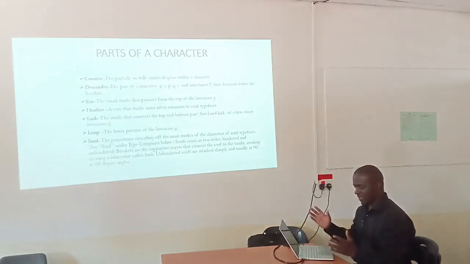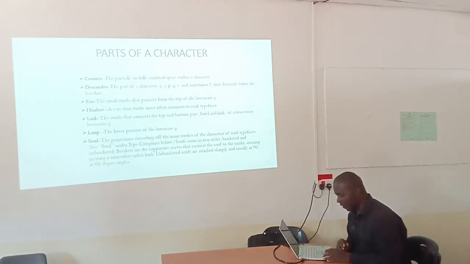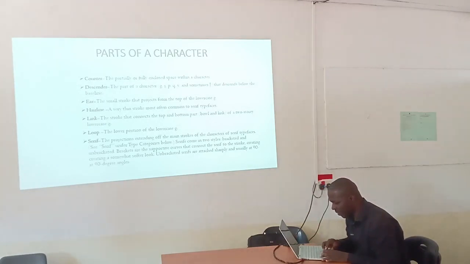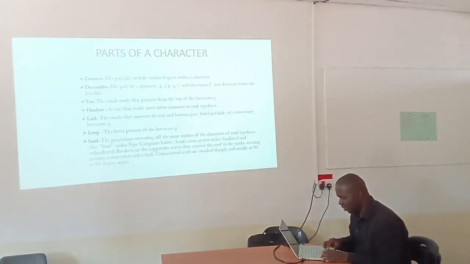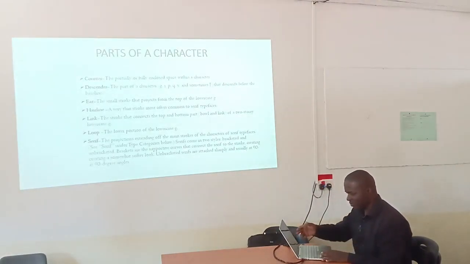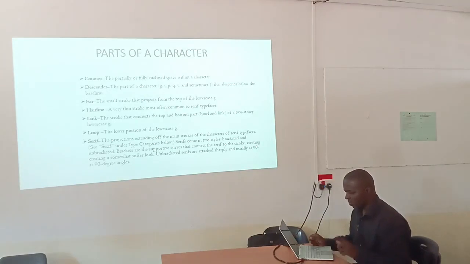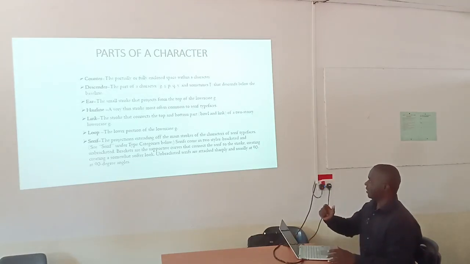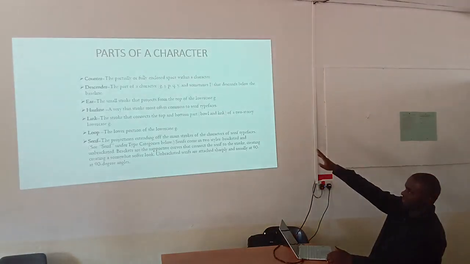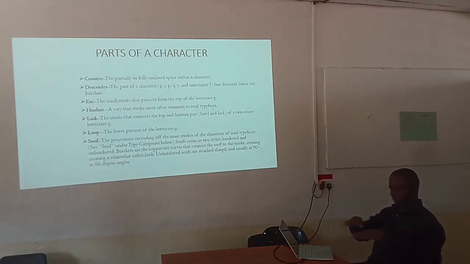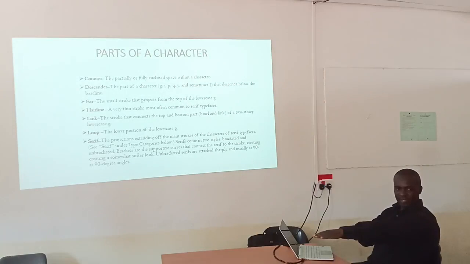So we have got all these elements. As I said, you have the descender, the part of the character, like you talk about G, J, P, Y, that descends below the baseline. So the baseline, if you see all these characters, they appear like they are sitting on a certain base, right?